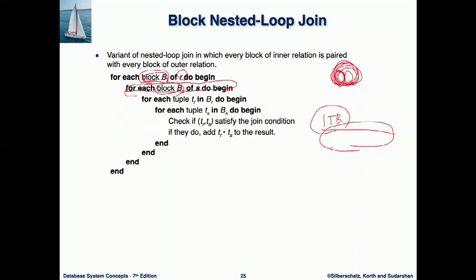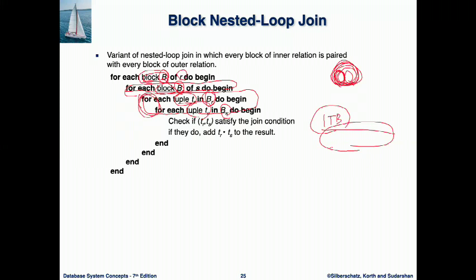And for each combination of blocks, 1 block from R and 1 block from S, you consider all of the records that are currently in the main memory, which is super fast. So you consider all of the records in the current block from R and the current block from S. That's why you have 2 additional for loops.